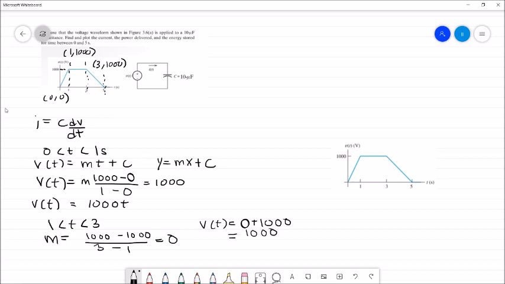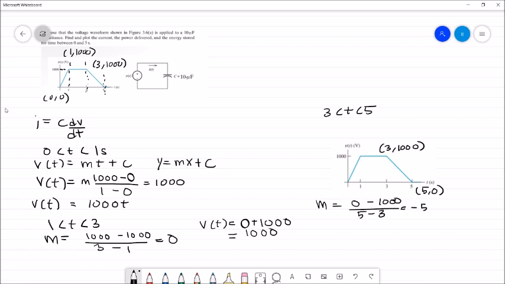Then for the third interval, which is from 3 to 5, here the coordinates will be 5, 0, and then here is 3, 1000. Then m is equal to 0 minus 1000 divided by 5 minus 3.